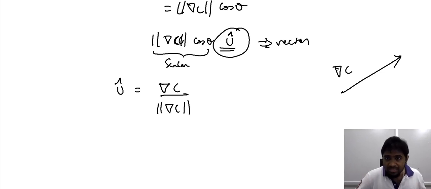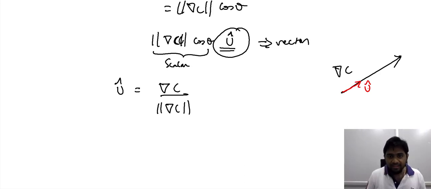What I am doing is, I am considering both the magnitude and direction of this vector and dividing it just by the magnitude, and this gives me a unit vector u cap.